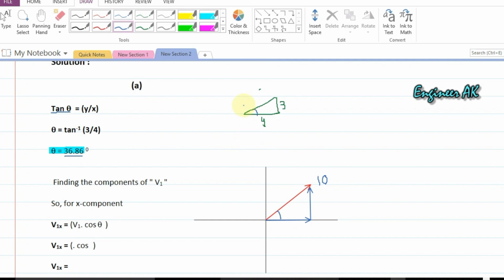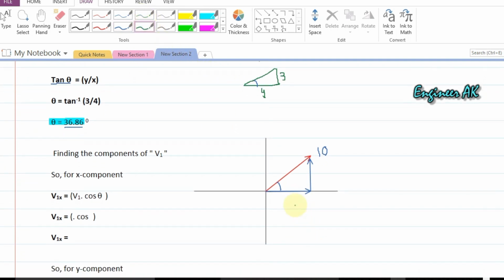Now in the previous lecture, in lecture 1, we discussed that the component along the axis with which the angle is made, we take as cos, and the one opposite to it we take as sine.